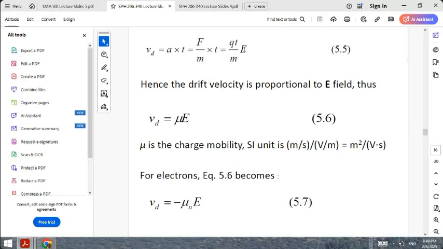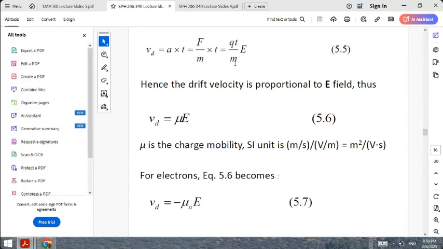The whole of this equation can be rewritten as QtE divided by m, which gives you the drift velocity. Q is constant, mass is constant, and the time in question is also constant. Therefore, the drift velocity is proportional to the electric field, behaving like a constant Qt divided by m.